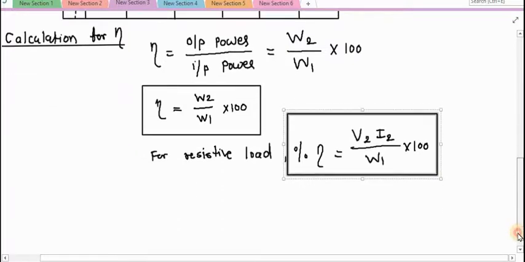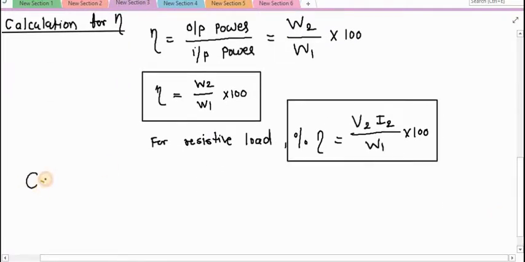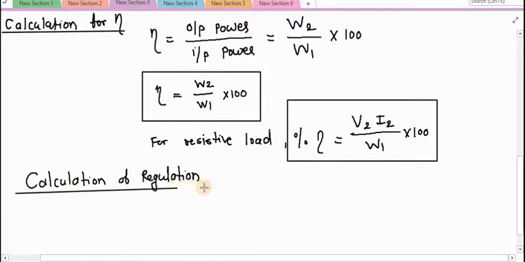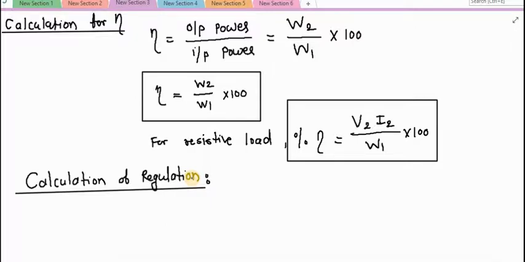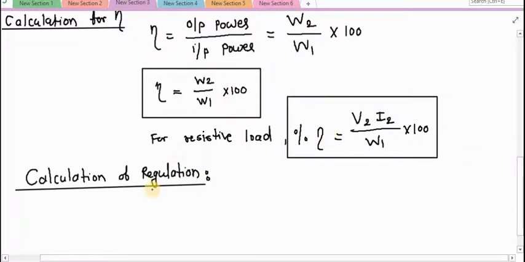Now let us see the calculation of the regulation. Under no load condition, when my secondary is open circuited, what is my current? My current is 0.